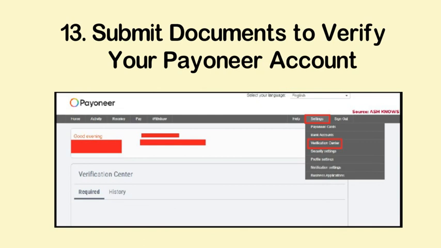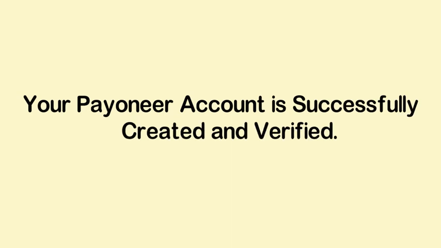When you have uploaded all the documents, you will receive an email within a few days from Payoneer that your Payoneer account is successfully approved. Once you get that email, please note that your Payoneer account is successfully created, it is successfully verified, and you are now free to use your Payoneer account. You can now easily withdraw money from Fiverr to Payoneer.